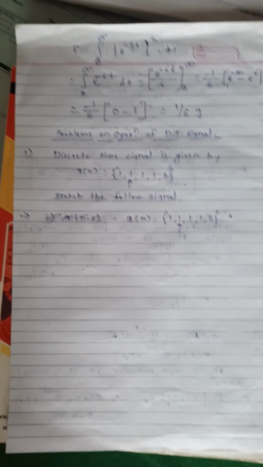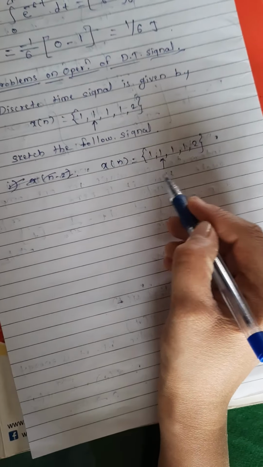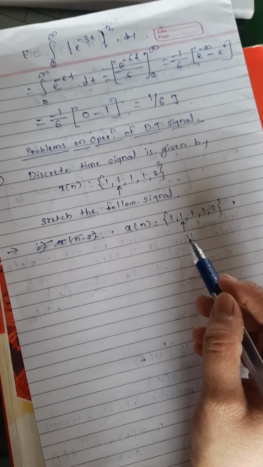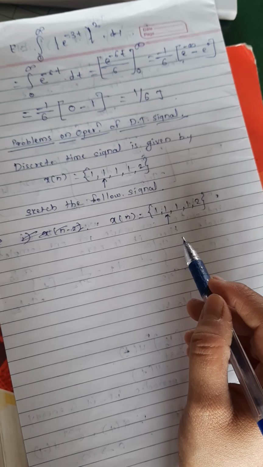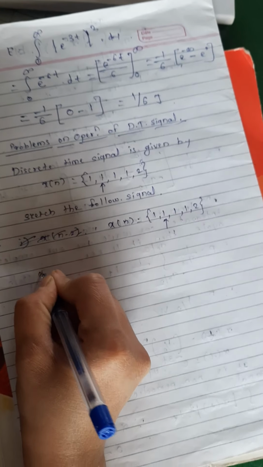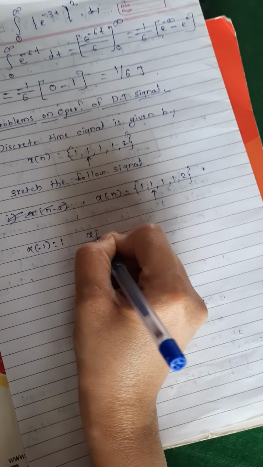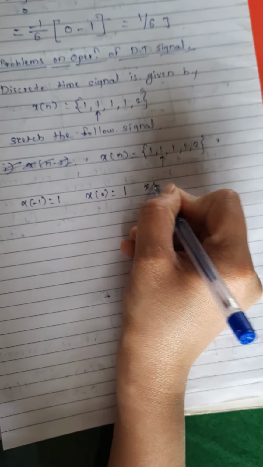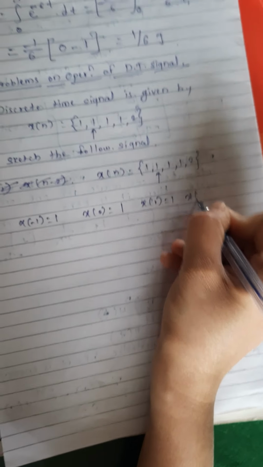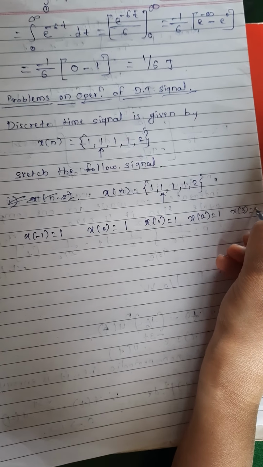Here the arrow indicates the position of the sample at n is equal to 0. Thus the values of x of n for different values of n are: x of minus 1 is 1, x of 0 is 1, x of 1 is 1, x of 2 is 1, and x of 3 is 2.